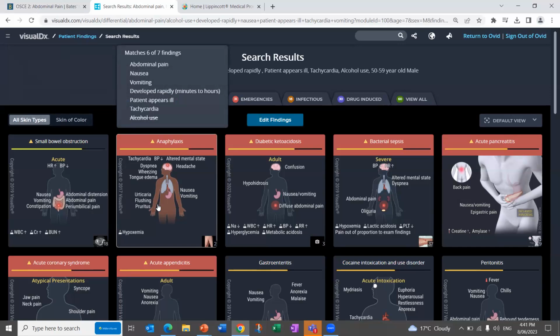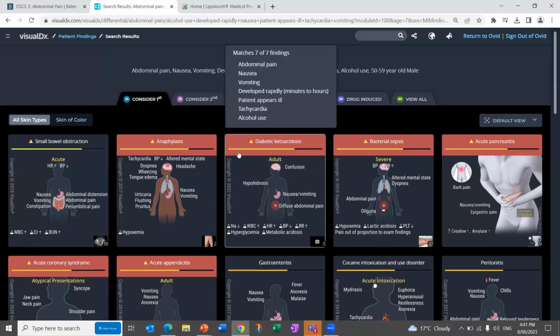What we're seeing as well through the medium of this particular presentation is information about which ones of these problems are difficult and life-threatening situations, by using the colors on the screen.